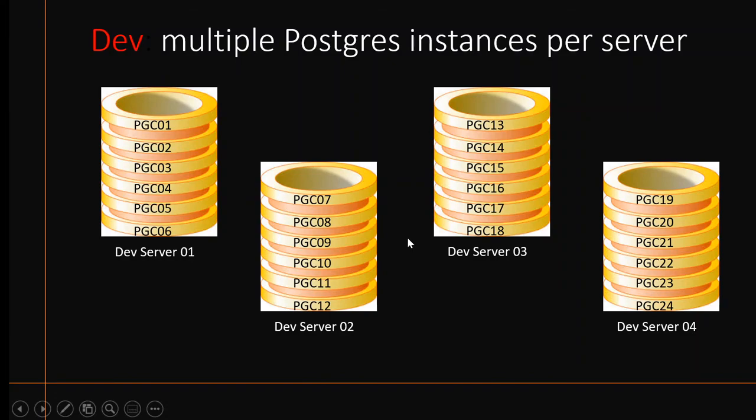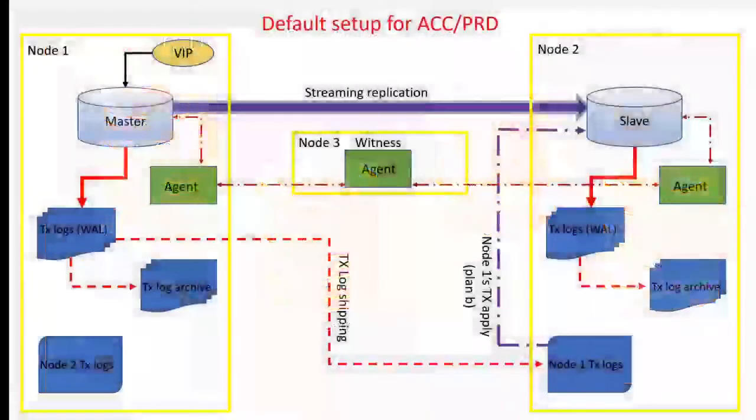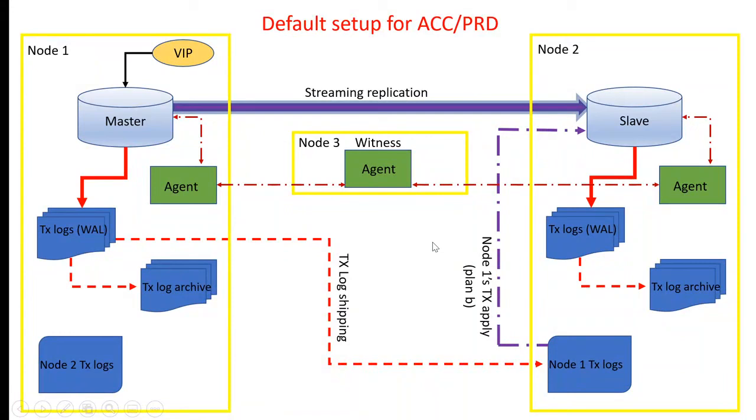Our acceptance and production servers look different. You see here on this slide 3 servers, we call them nodes in this case. Node 1 on the left, node 2 on the right, and node 3 in the middle. On every server we have a failover manager agent running. Those are the green rectangles.